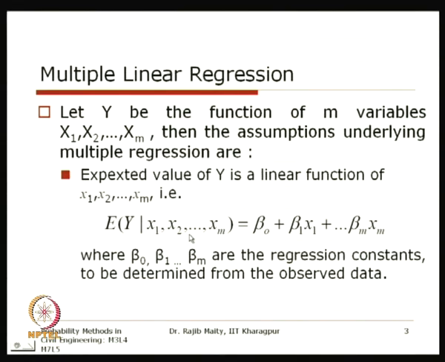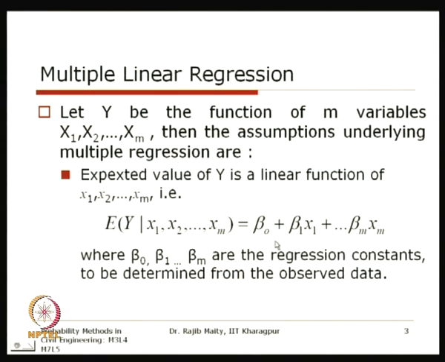This is the way we express the expectation of the target variable y when the specific values of the input variables are given, and this is expressed through a linear equation, as we are referring to linear regression: beta naught plus beta 1 x1 plus beta 2 x2 up to plus beta m xm.